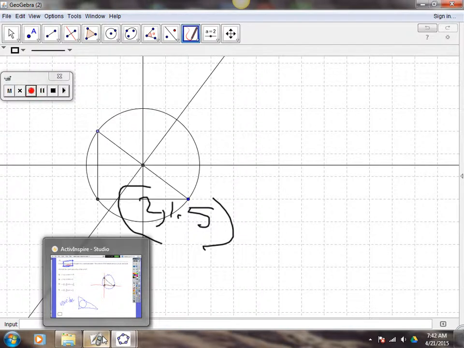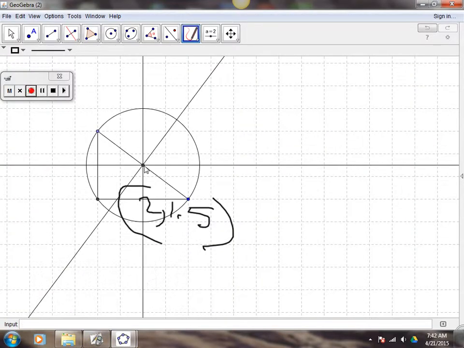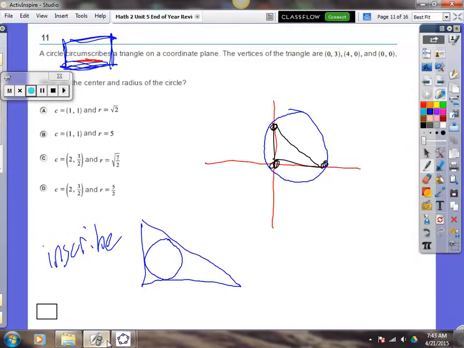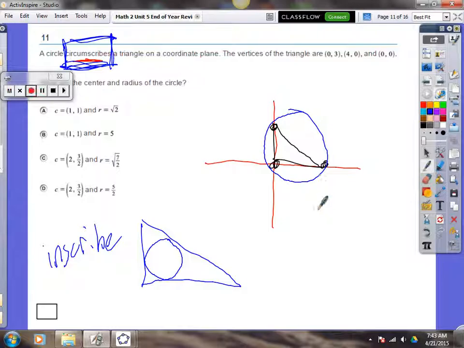So now we just got to find the radius. And the radius is going to be, what is the radius of the circle? So the radius is going to be the distance from here to here. Okay, your radius right here is the circumcenter.